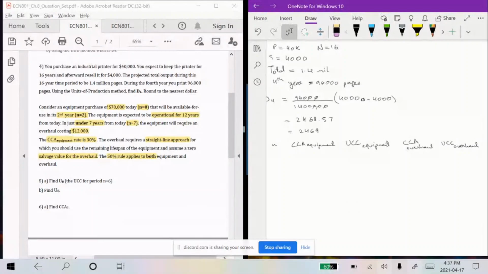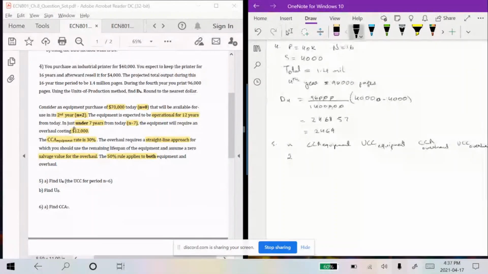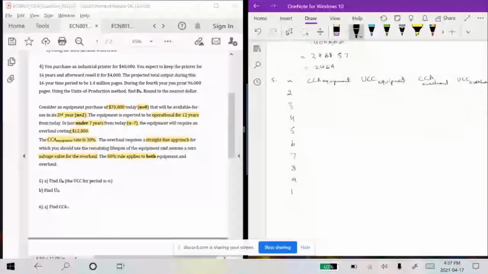So we start from n equals 2 and then just keep going. It's for 12 years. 2, 3, 4, 5, 6, 7, 8, 9, 10, 11. Yeah, I think that should be it.